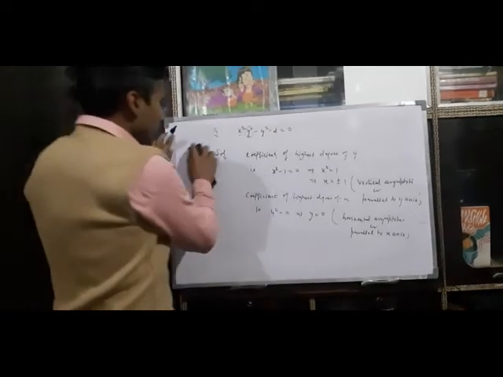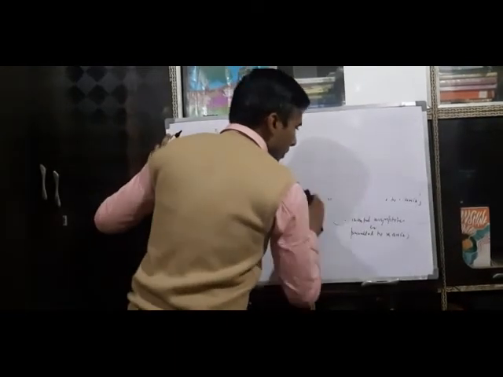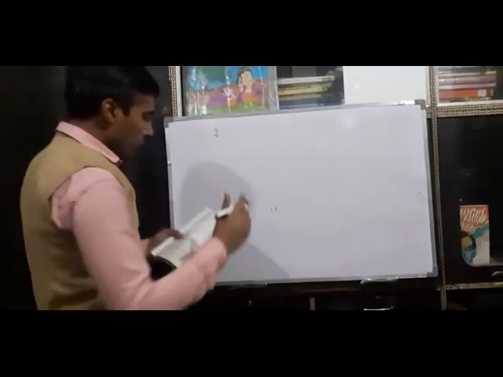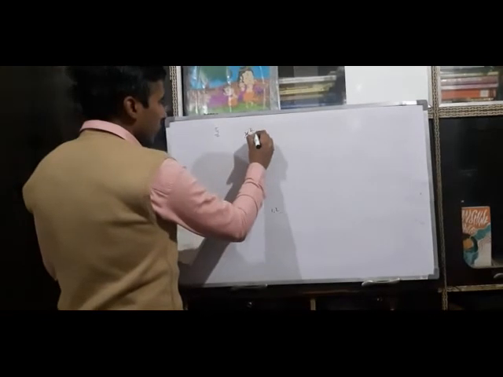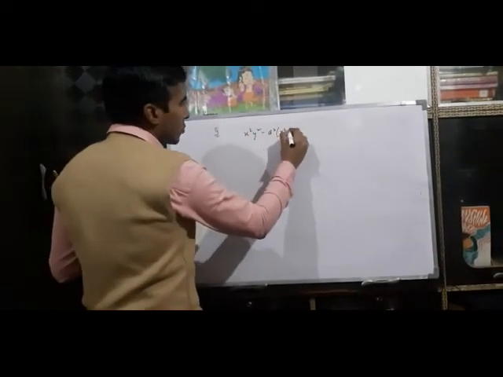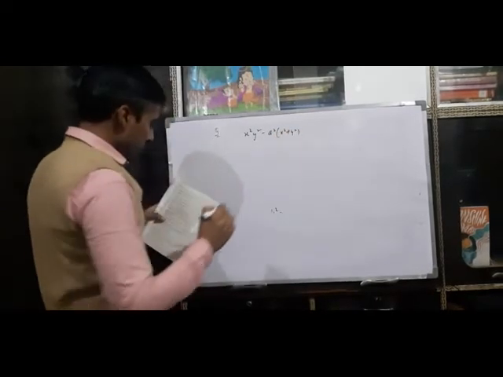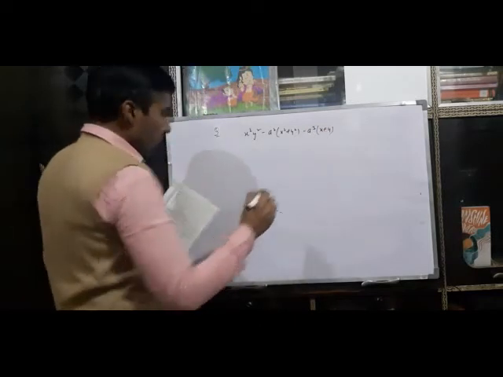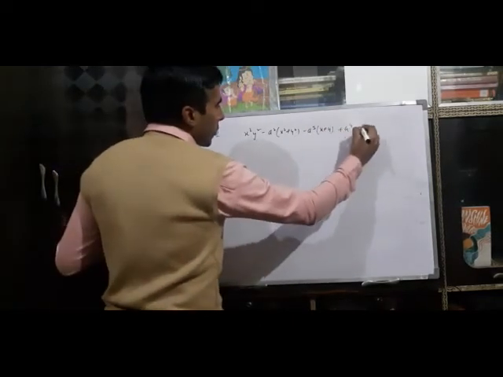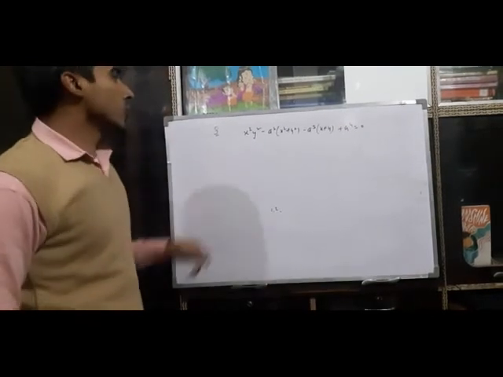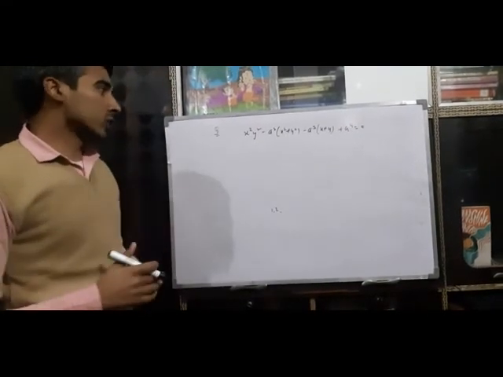We consider another example. Suppose we have the algebraic curve x square y square minus a square x square plus y square minus a cube x plus y plus a4 is equal to 0. Now we have to determine the horizontal and vertical asymptotes to this curve.